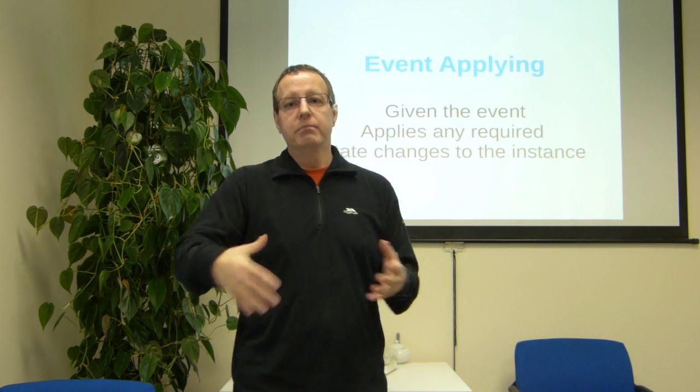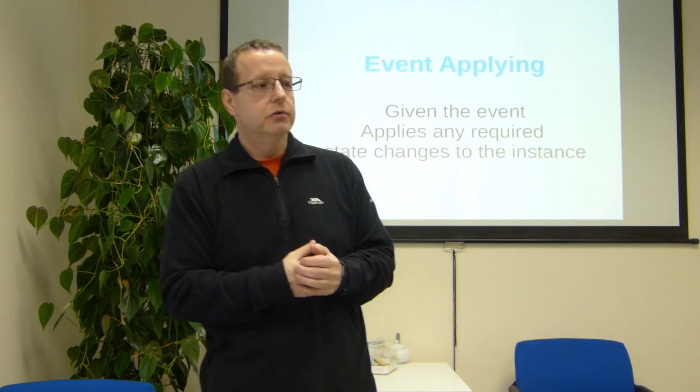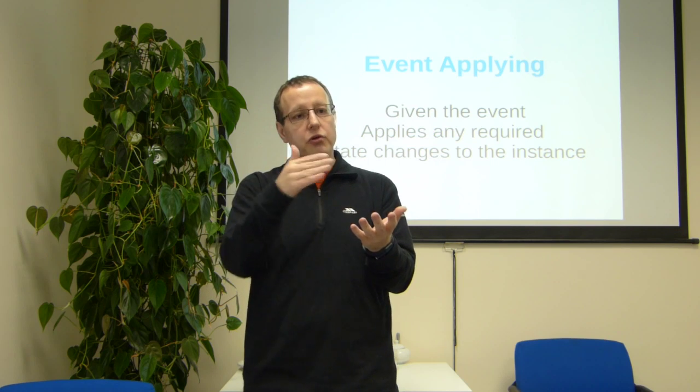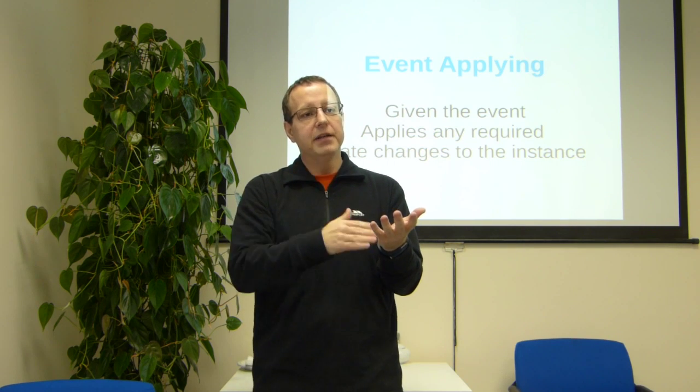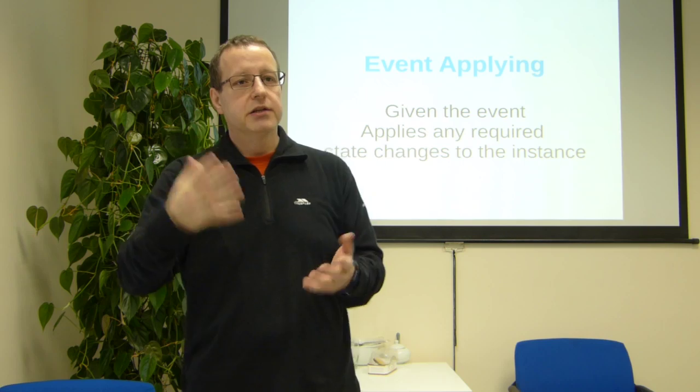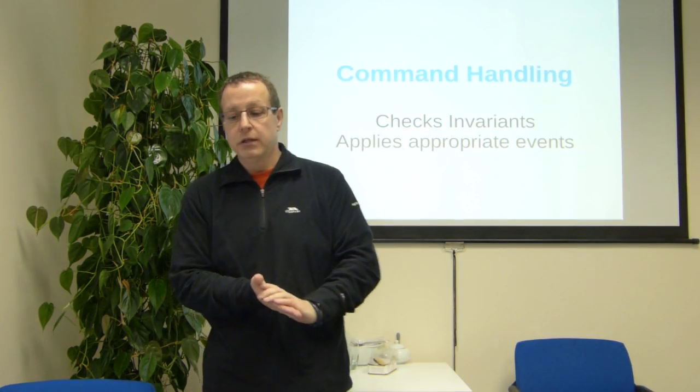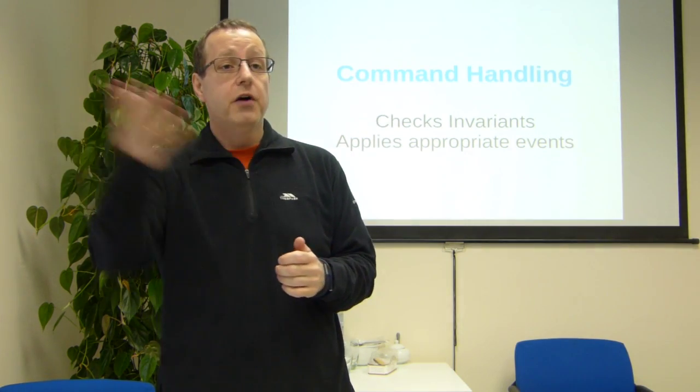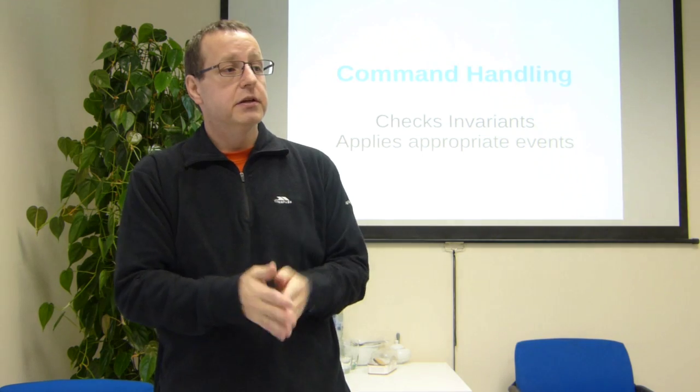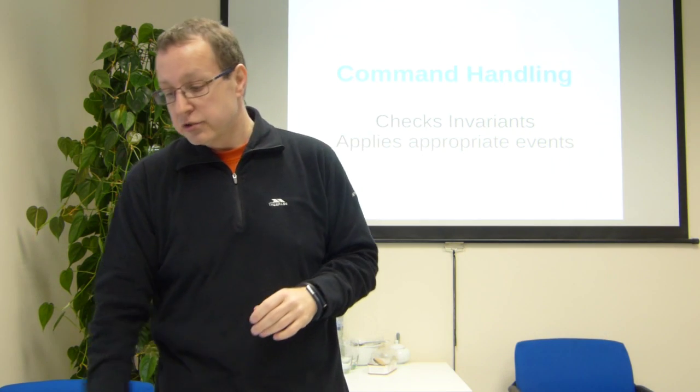So we use that when we're loading up the current state of the aggregate from the event store. It creates an empty one and then applies each event. So it calls your event applying methods for each type of event, which will update your internal state, so you get to the point where you're now at the current version before you then apply a command handling method. That checks invariants and then fires, publishes the appropriate events for that particular state change.